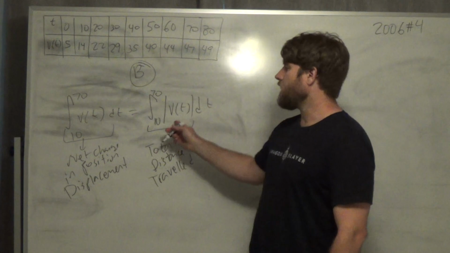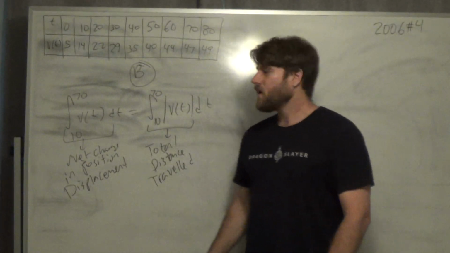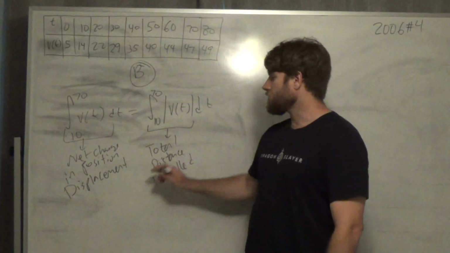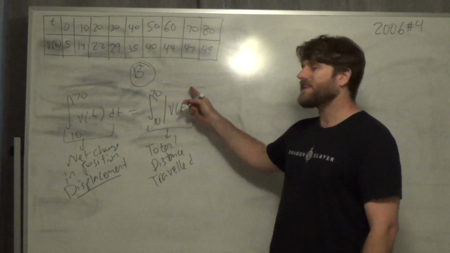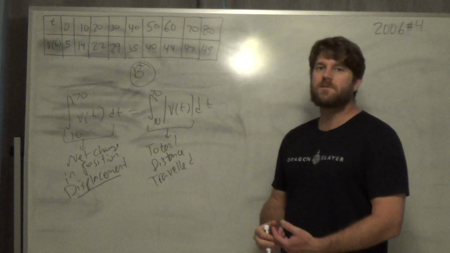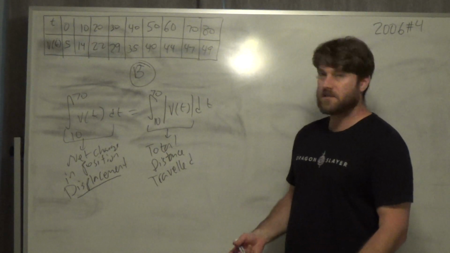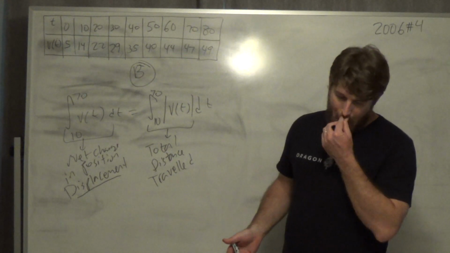And we said, when are these things the same? Displacement and total distance traveled are not normally equal. They're only equal if the absolute values don't have a job, and that happens if velocity is positive the whole time.